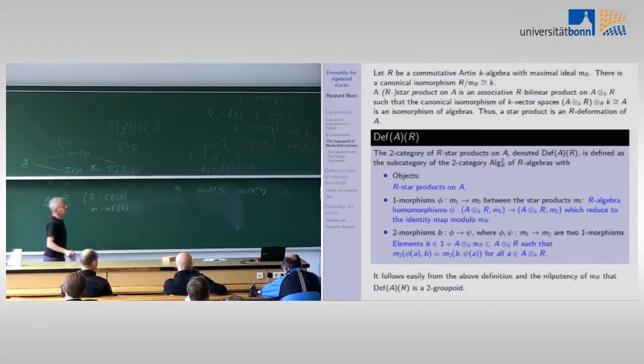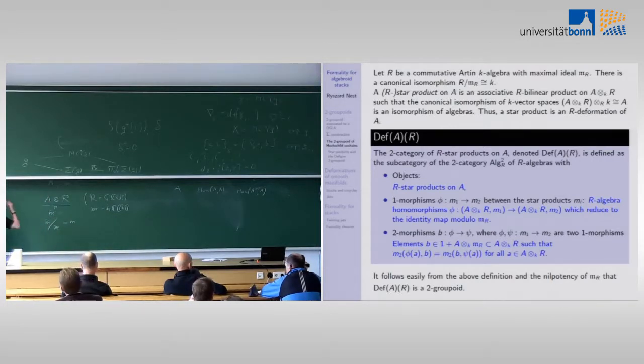So the deformation of this algebra is really a product on A tensor R, which is M tilde, such that M tilde modulo this maximal ideal is my original product.